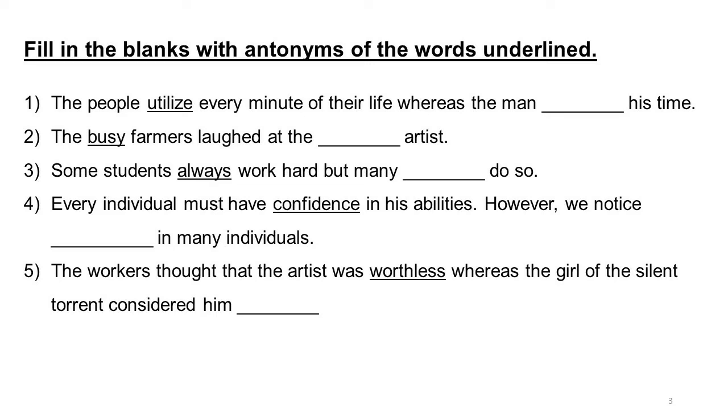Every individual must have confidence in his abilities. However, we notice blank in many individuals. Fifth one, the workers thought that the artist was worthless, whereas the girl of the silent torrent considered him blank.